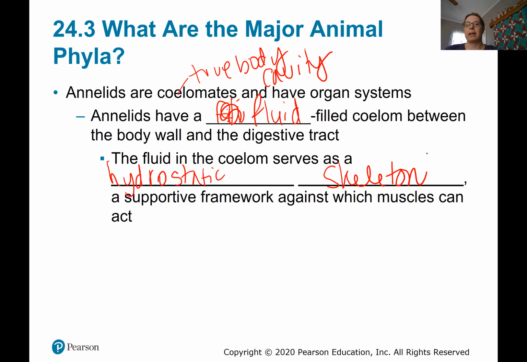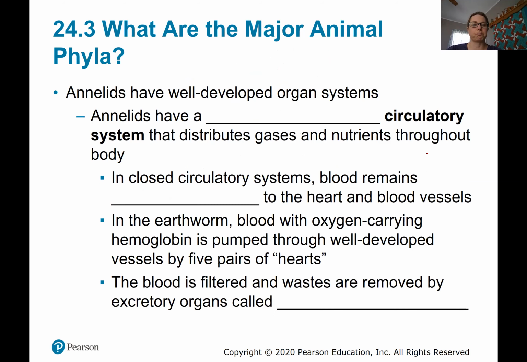Okay, hydrostatic basically means fluid or water pressure. And so the fluid pressure pushing on the outside of those body cavities inside the earthworms or other annelids basically holds it out and gives that animal its structure. And it's a framework, much like our skeleton, that muscles can push and pull against to help with movement.